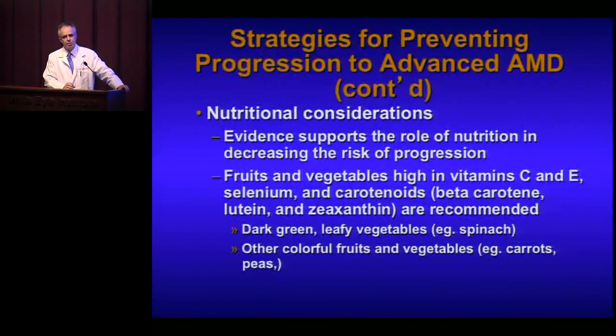And then specifically with nutritional considerations, there's numerous epidemiologic studies and evidence out there to point to a variety of things we can do nutritionally for our patients, including a diet that's rich in leafy green vegetables, colorful vegetables, fruits, and so forth, that are highly likely to be beneficial for the patient.